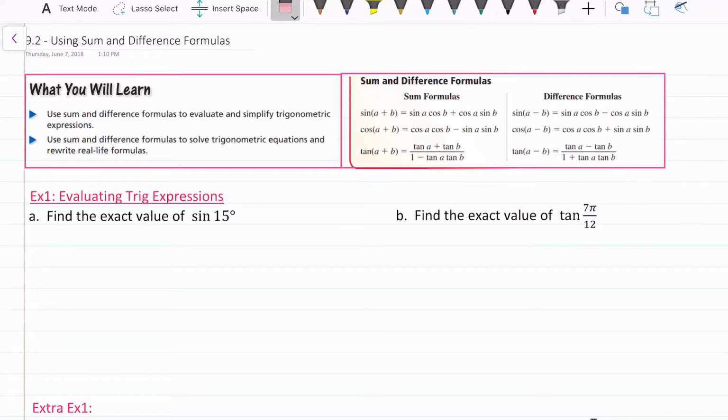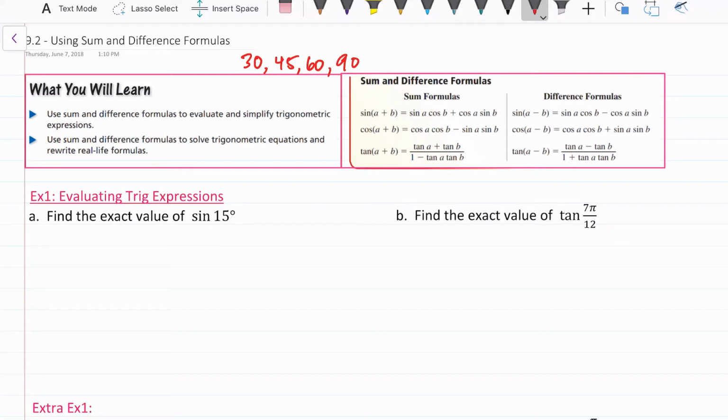and tangent from, I'm going to write them out. We have 0 or 30, 45, 60.